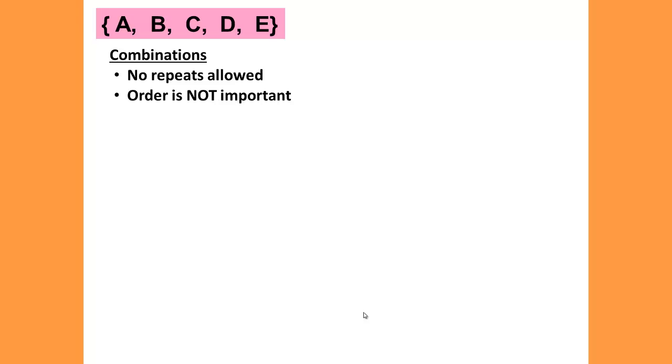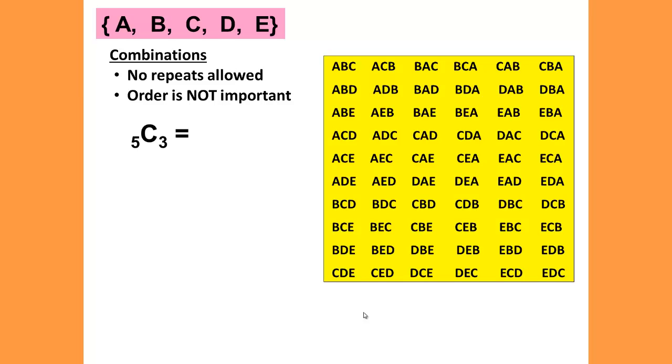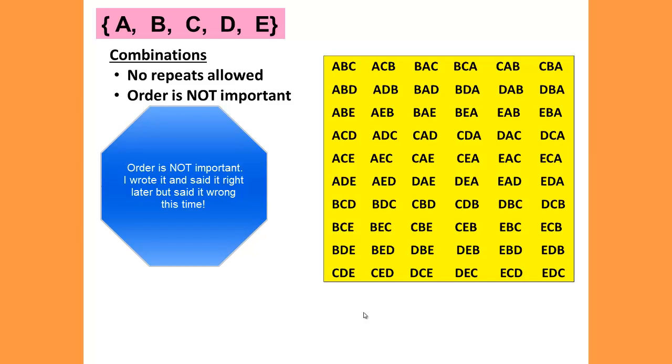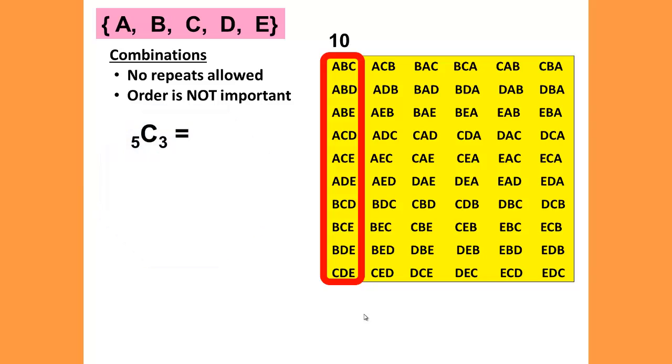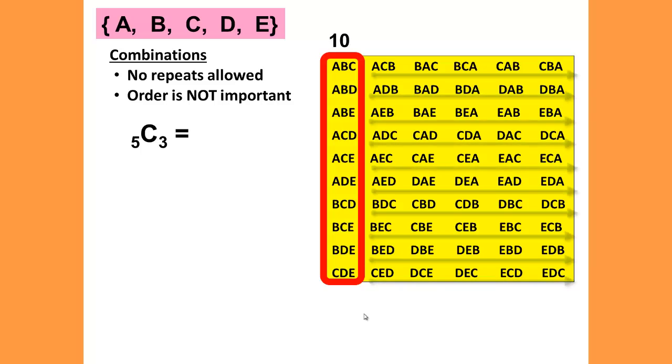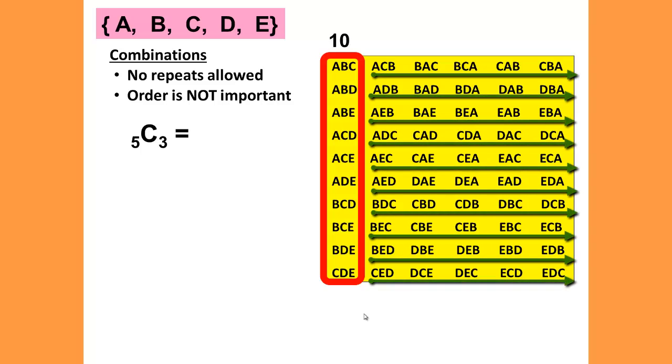Notice our list from before. In the permutation case, order is important, so some of these are repeats or different arrangements of the same letters. That first column is the set of letters, and along each row is just the rearrangement of those letters.